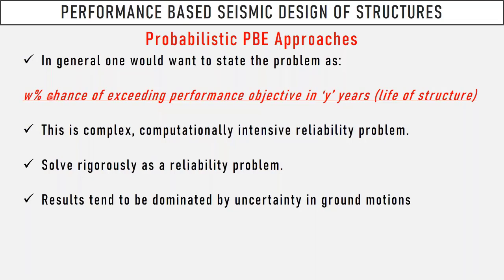If I know that, I am more confident, or it makes more sense for me to decide, okay, this level is acceptable, or this level is not acceptable. But this is a complex and computationally intensive reliability problem. And of course, it needs a rigorous solving process.